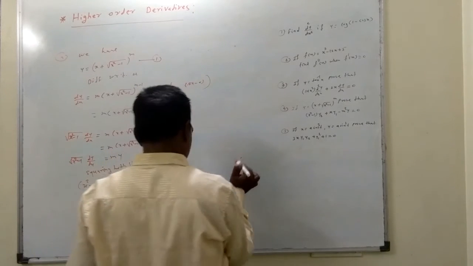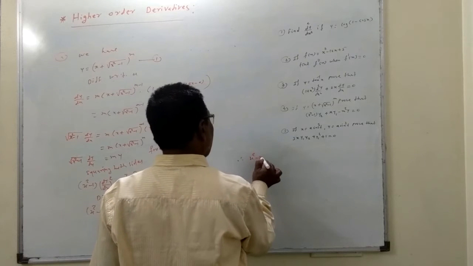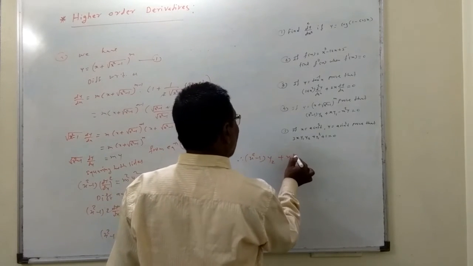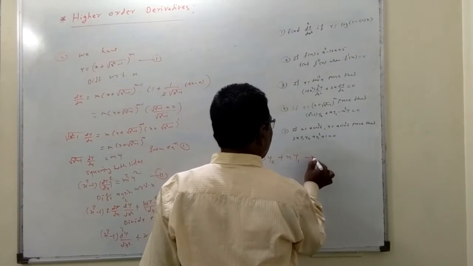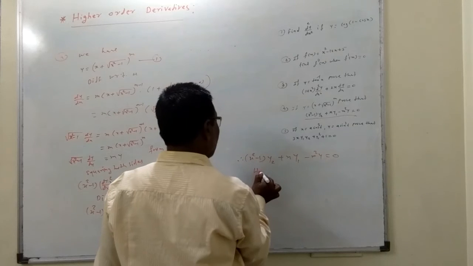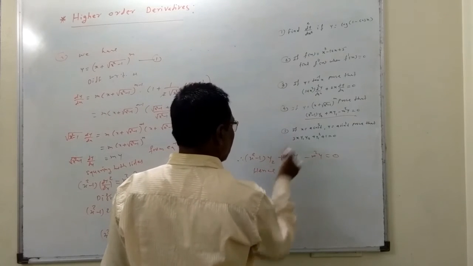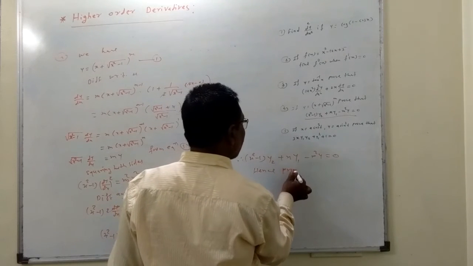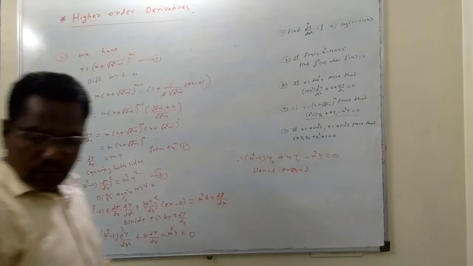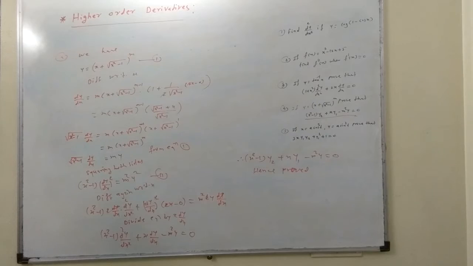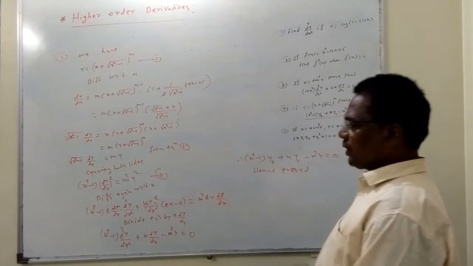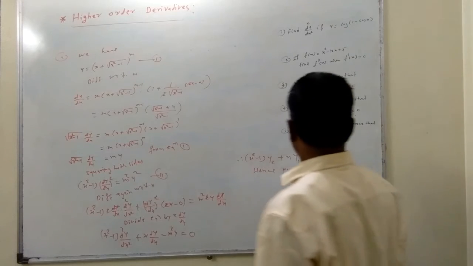So therefore x square minus 1 d2y by dx square, which is y2, plus x dy by dx, which is y1, minus m square y is equal to 0. So this is the result. Hence, we have achieved this result, hence proved. So in higher order derivatives, proper methods you want to use for solving examples, or otherwise you get confused in these examples.